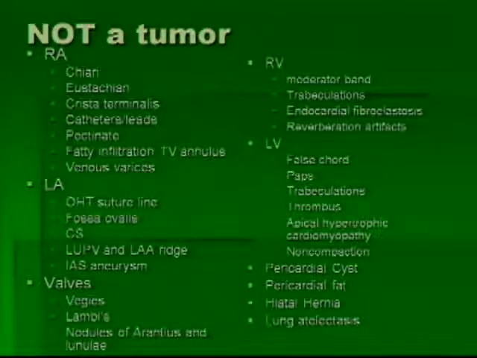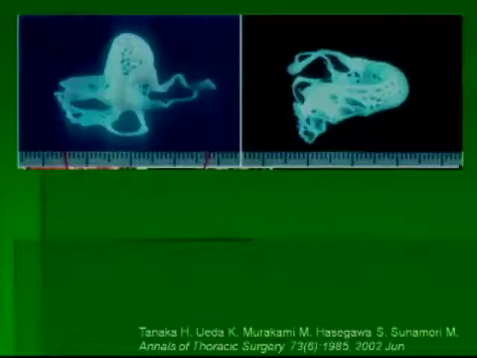Reverberation artifacts are fairly common. In the left ventricle, false chords, papillary muscles, and trabeculations are all normal structures. Thrombus, as we mentioned, hypertrophic cardiomyopathy and non-compaction. Pericardial cysts, pericardial fat, and then of course even hiatal hernias and lung atelectasis can look like masses.